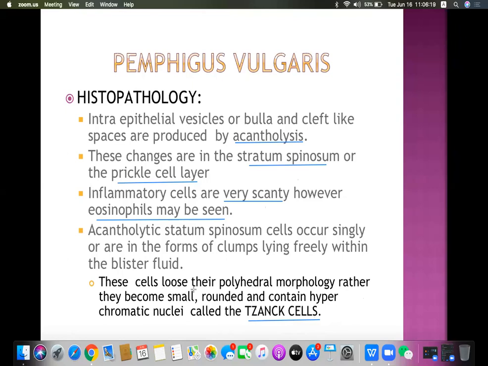These cells lose their polyhedral morphology and become small and rounded. They look a bit rounded and contain hyperchromatic nuclei. These are the hallmarks of Tzanck cells. So they look rounded, they lose their connection, and their nucleus is hyperchromatic. These are called Tzanck cells.